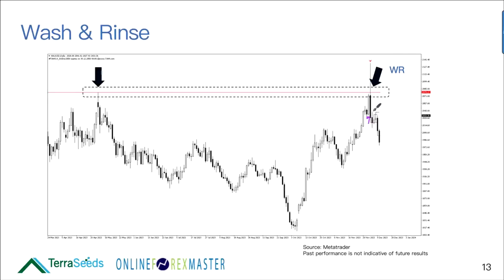You'll be faced with what I call a wash and a rinse, meaning that price was being pushed up, but there was a lot of rejection and ultimately price moved back down.